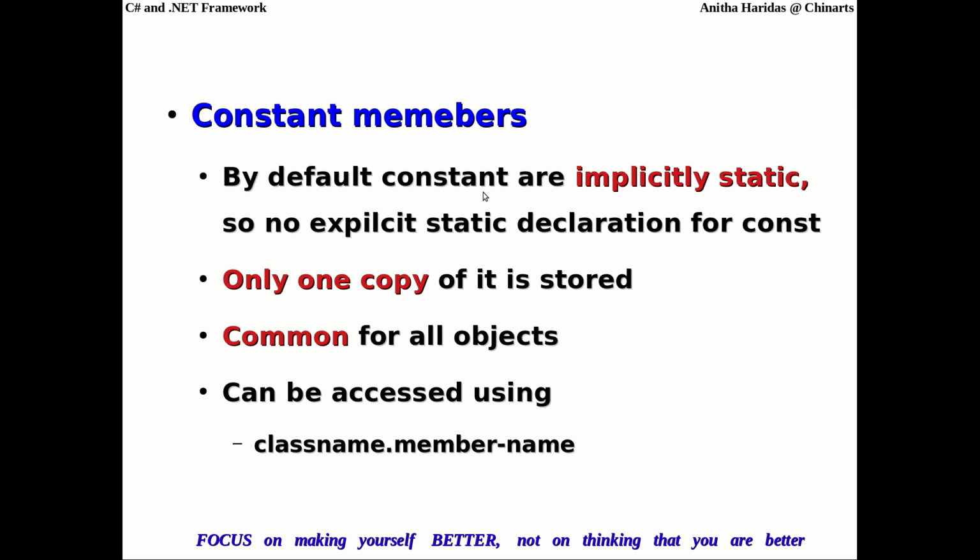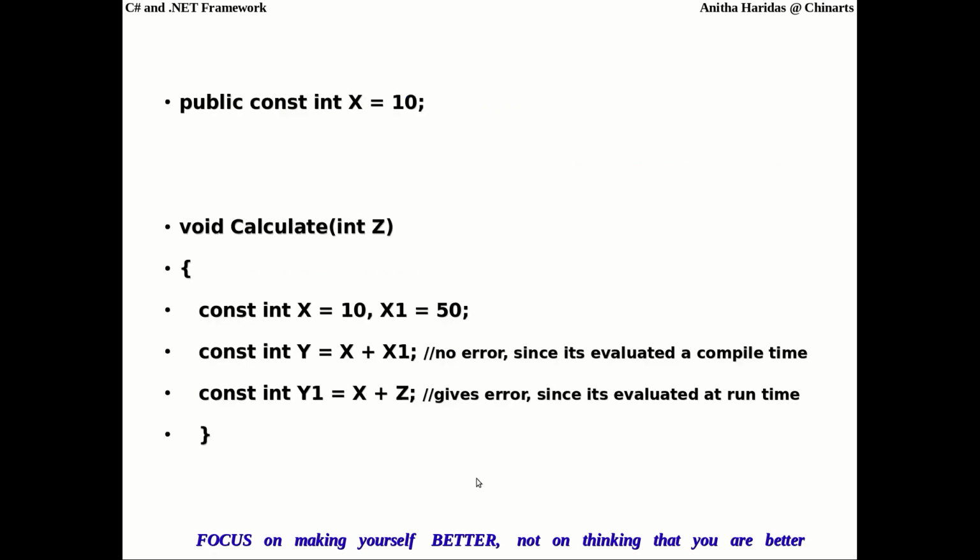So since the constant members are implicitly static, you are going to have only one copy of it stored and it is common to all the objects of that particular class, and you can access the constant member by specifying the class name dot member name, the constant member name.